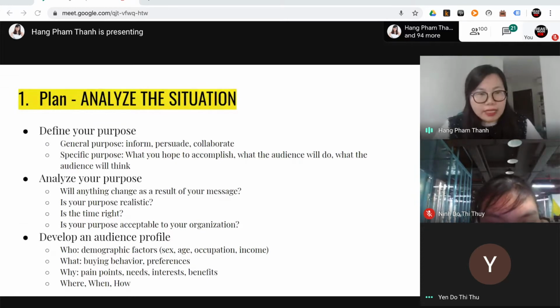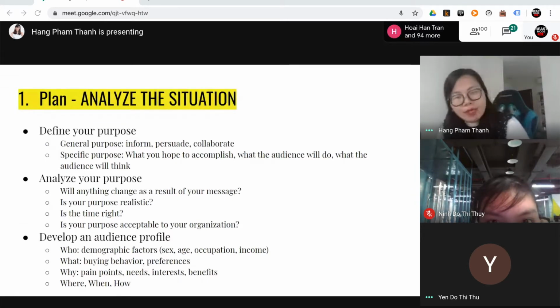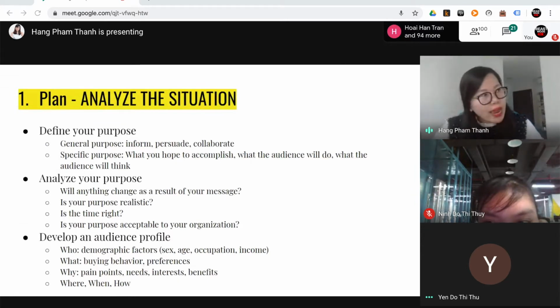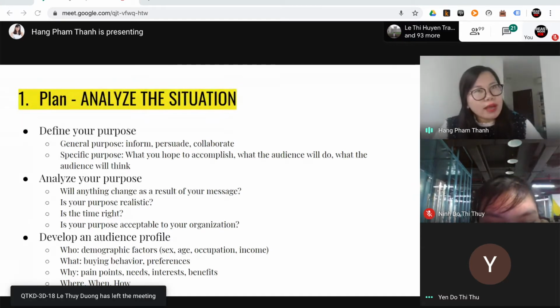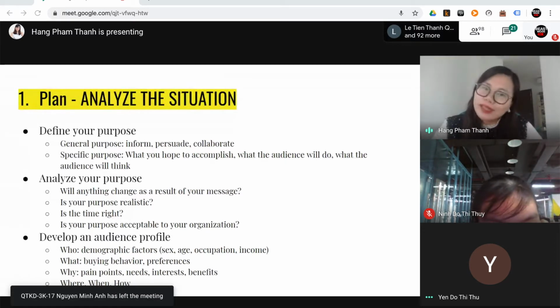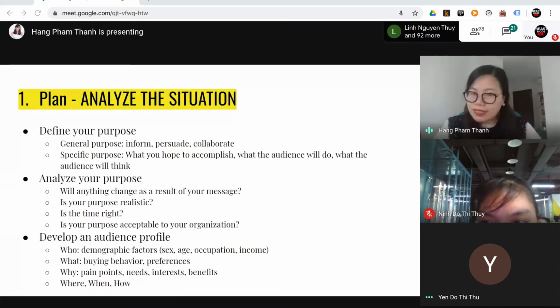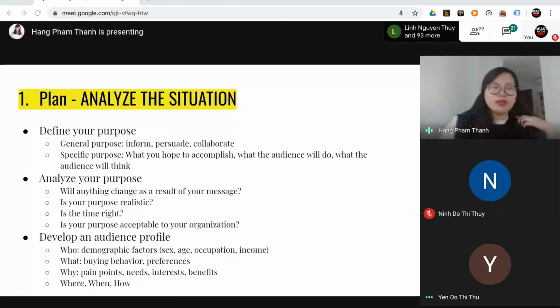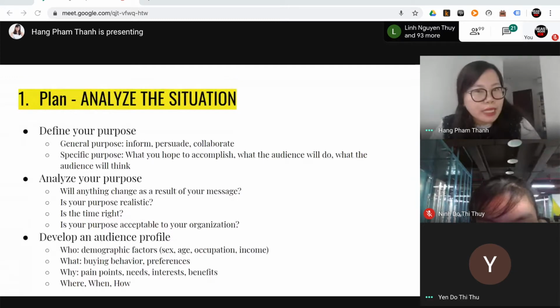Another important point is why. Why will the audience do what you want them to do, or think what you want them to think? This starts with their pain points. Are you familiar with the term pain points?